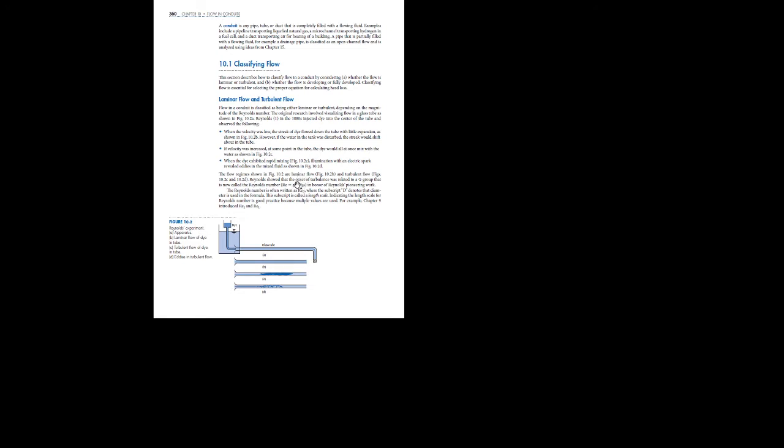And rho of the natural gas and the velocity of the natural gas are also very high. That means the turbulence inside the pipeline will be very high. So there will be a higher Reynolds number.